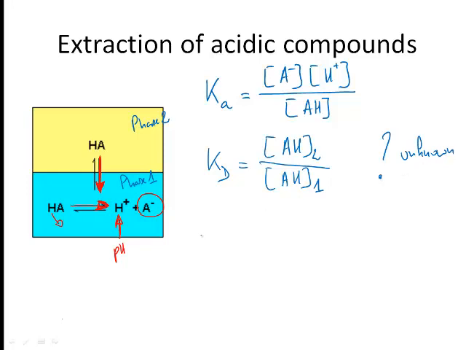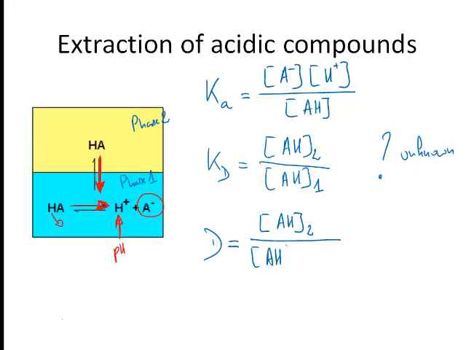What we know is an apparent distribution coefficient or distribution ratio D, which would be the concentration of AH in phase 2 over the concentration of AH in phase 1 plus the concentration of A- in phase 1.